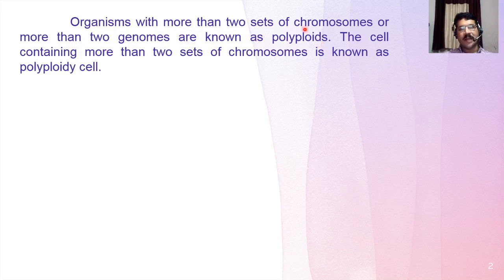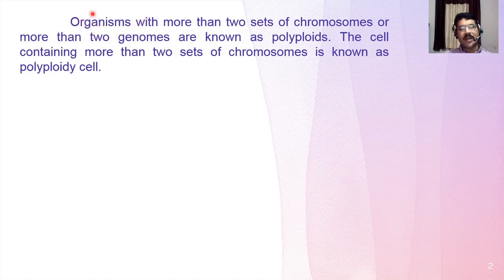So which are the polyploid organisms? These are the organisms which contain more than two sets of chromosomes, or more than two genomes. As we know, if an organism contains only one set of chromosomes, it is known as monoploid or haploid.